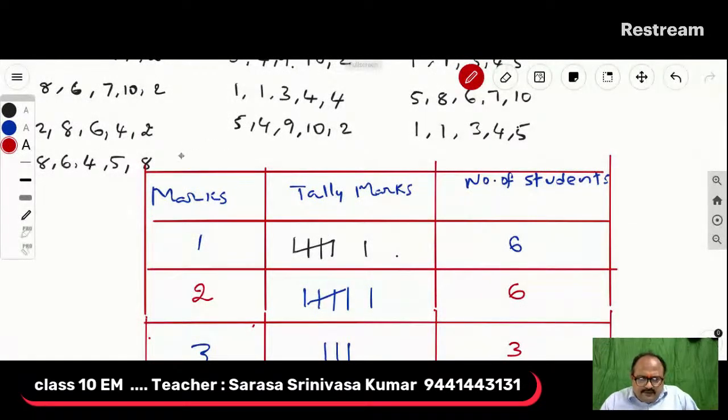We write it here. Ungrouped frequency distribution table.